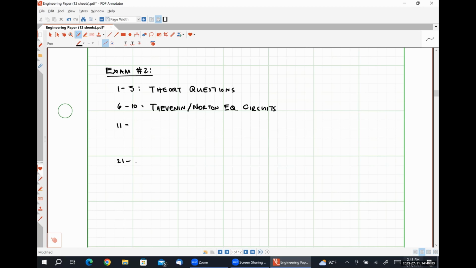So 21 through 25 will be a total response problem. That means that 20 will be the last problem for a natural response problem. So let's see, 20, 19, 18, 17.